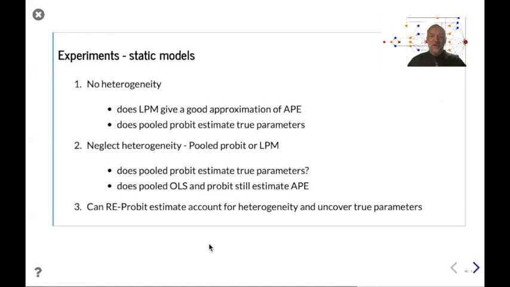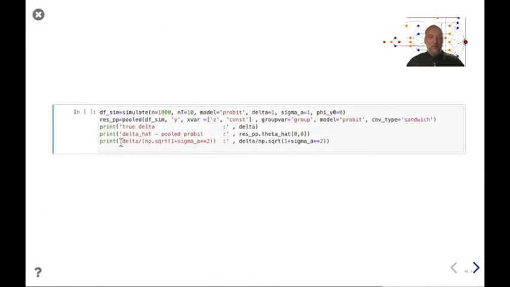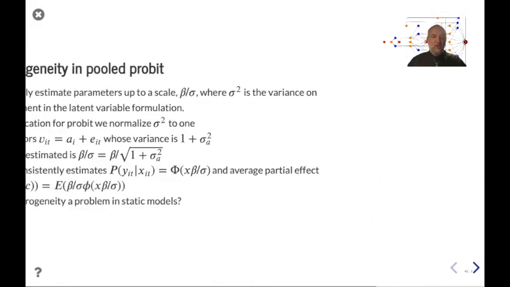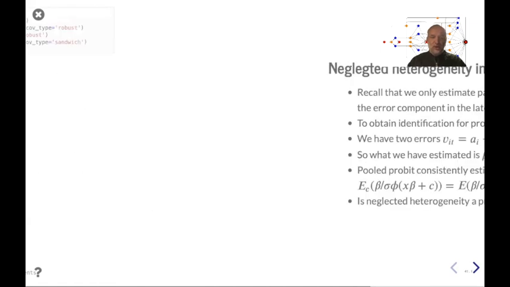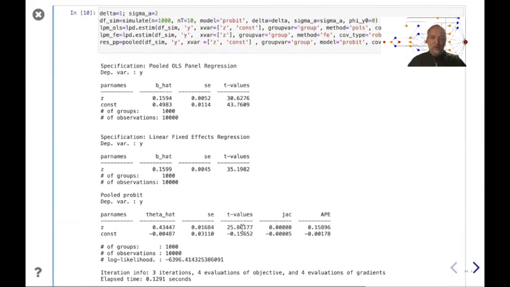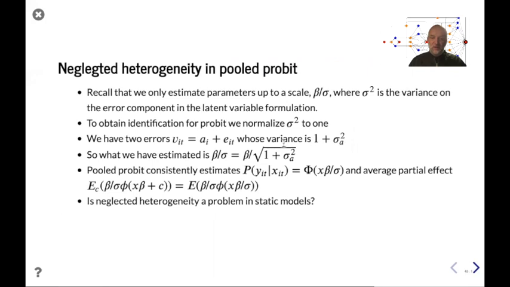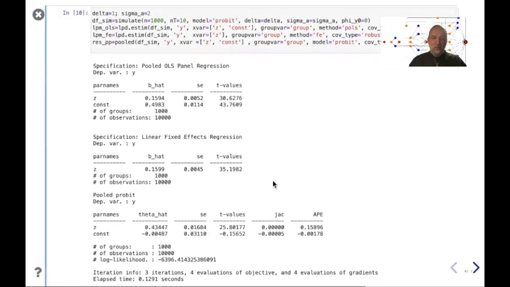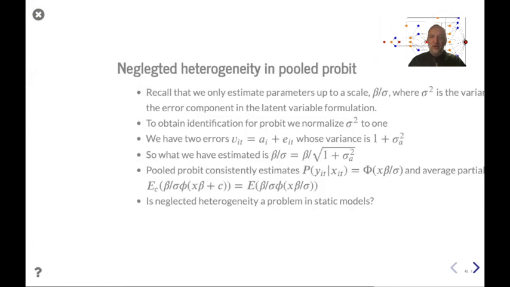Let's see if that happened. If we take those parameters we just estimated right here and scale them by the true parameter, does it compare to what we estimated? Remember the number here, it's like 0.43.